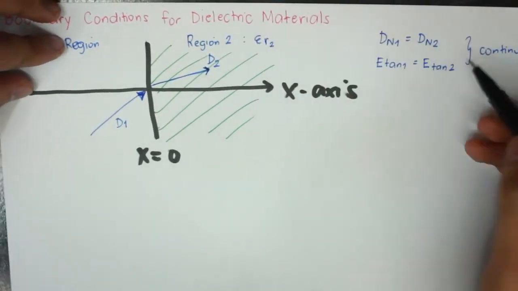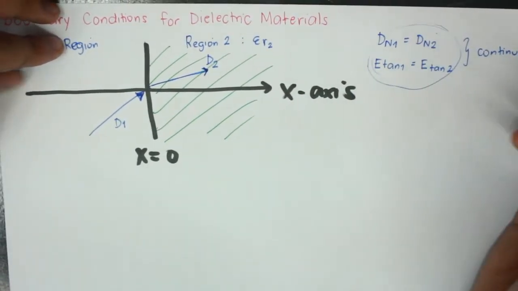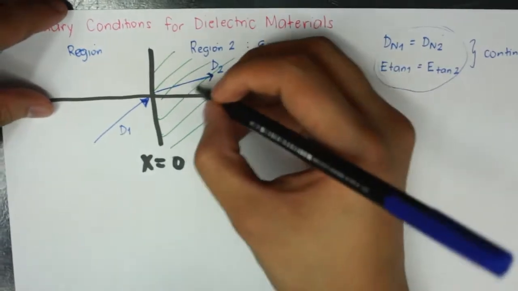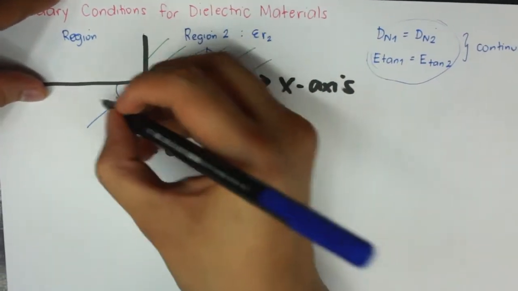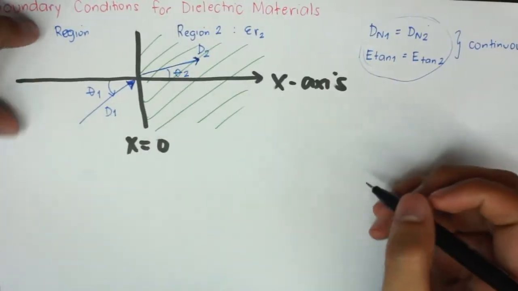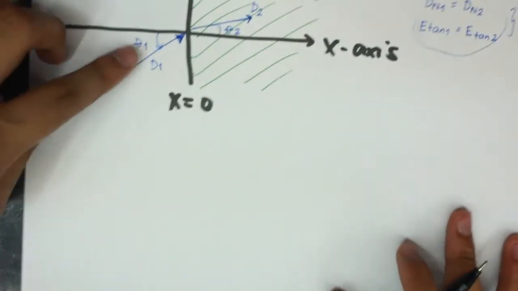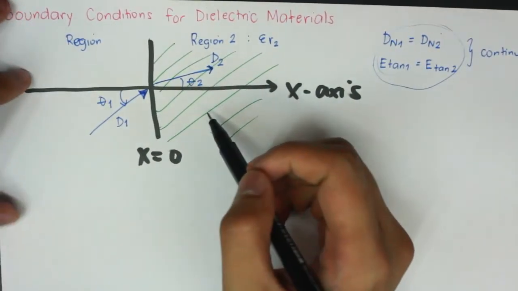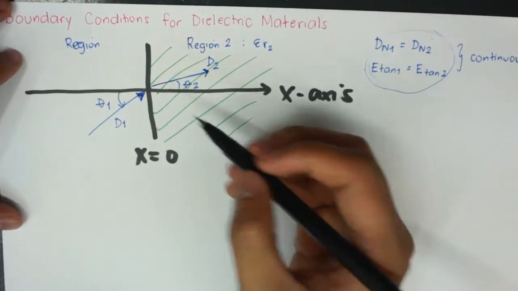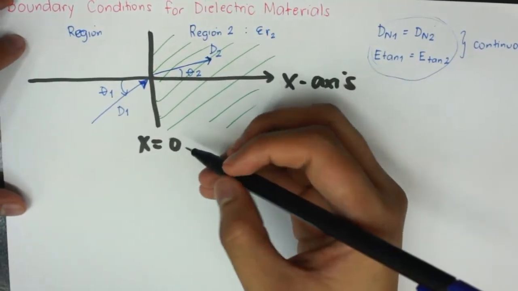But still, these conditions should hold. So D2, that's theta 2, and from here, that's theta sub 1. So the x-axis components are normal to the boundary, meaning the y and z are tangential.